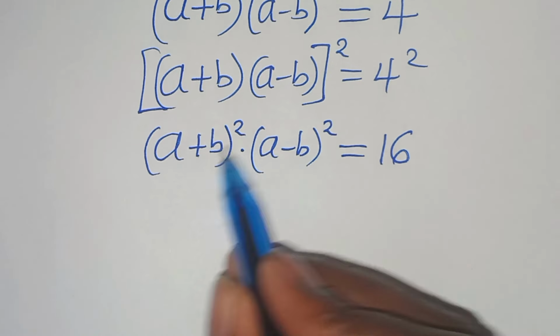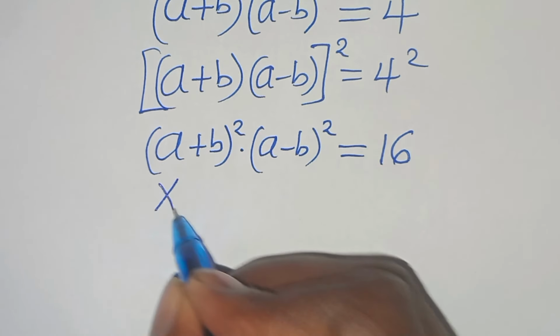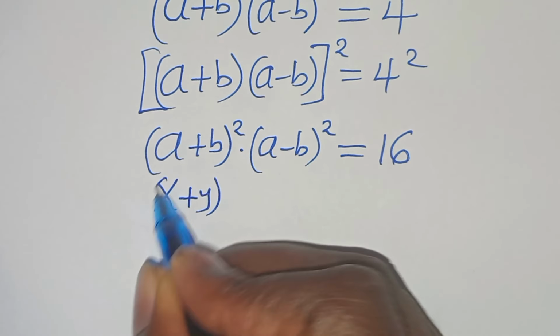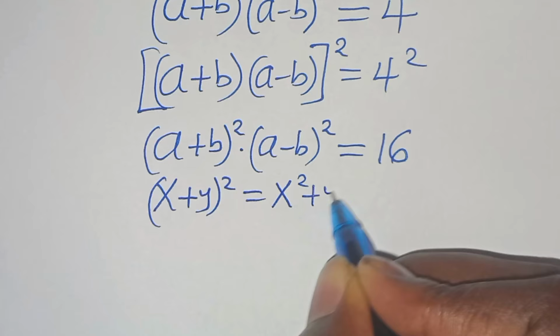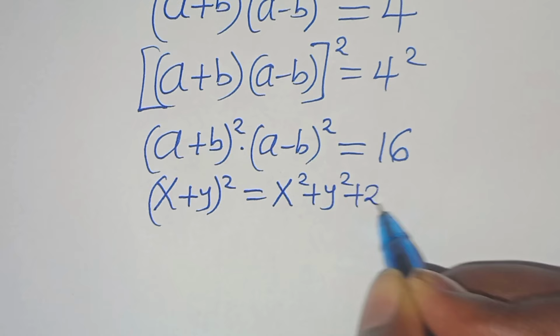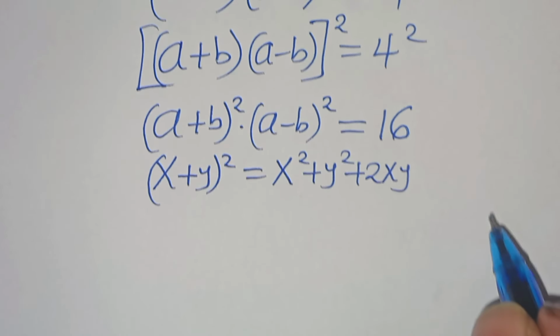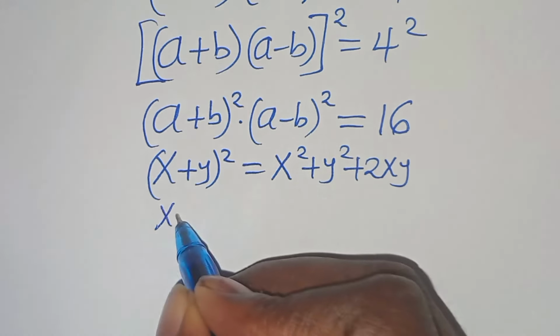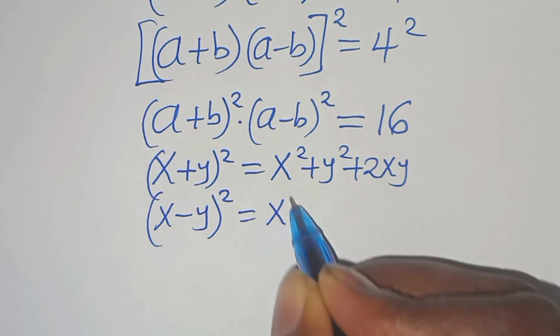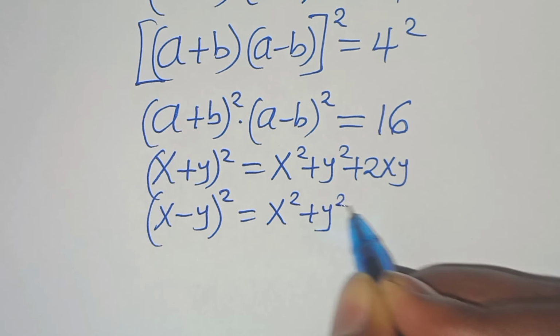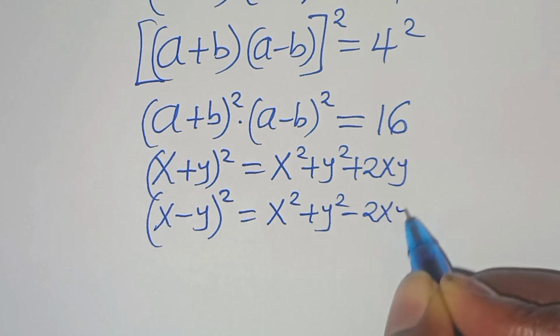Now, a plus b to the power of 2, this is in the form of x plus y raised to the power of 2. This can be expressed as x squared plus y squared plus 2xy. And we have that x minus y raised to the power of 2. This can be expressed as x squared plus y squared minus 2xy.